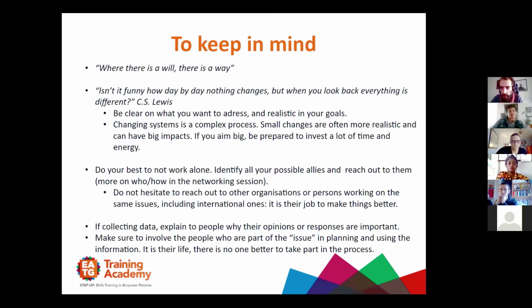We tend to put very, very high expectations and goals, and that often acts against us. If you want to change something at a national level, I've known people who've been in the government for 8 years and they haven't managed to change anything at a national level. So we really need to be, yes, ambitious, but also realistic and objective. And sometimes small wins can transform into big wins over time.